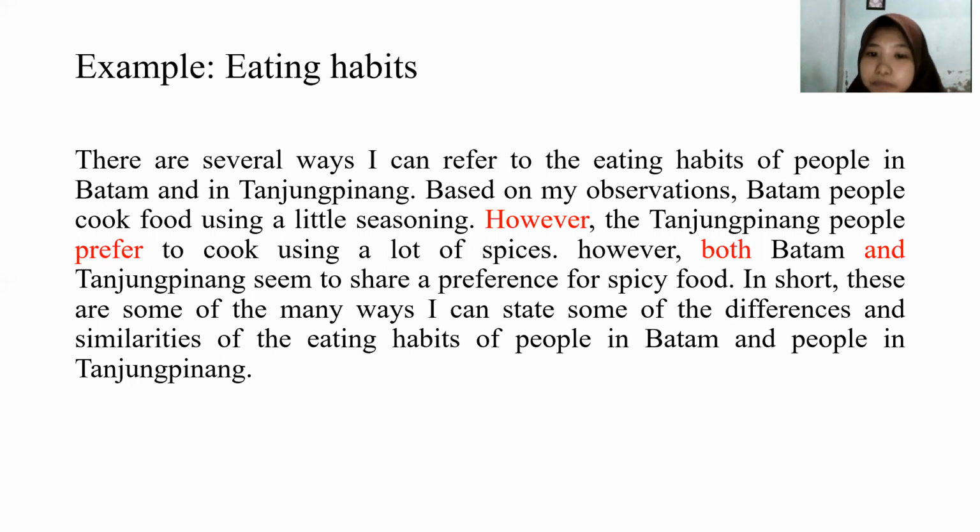However, the Tanjung Pinang people prefer to cook using a lot of seasoning or spices. However, both Batam and Tanjung Pinang seem to share a preference for spicy food. In short, these are some of the many ways I can state the differences and similarities of the eating habits of people in Batam and people in Tanjung Pinang.